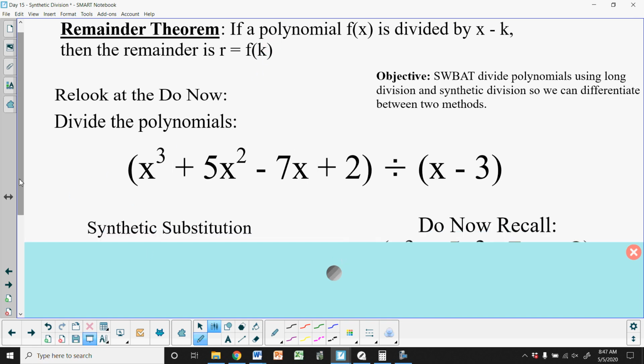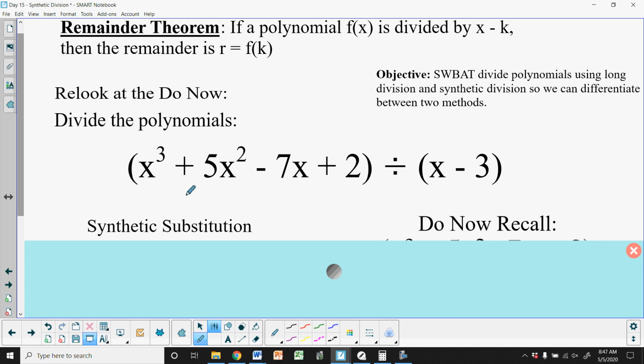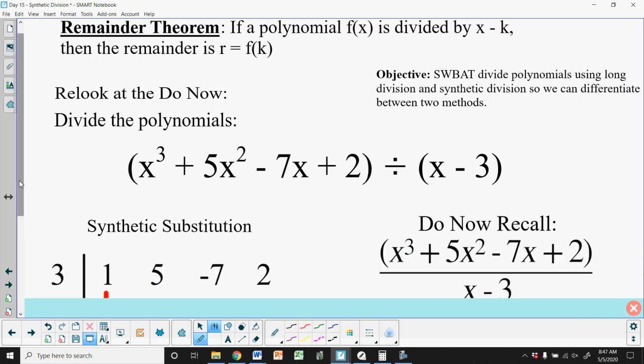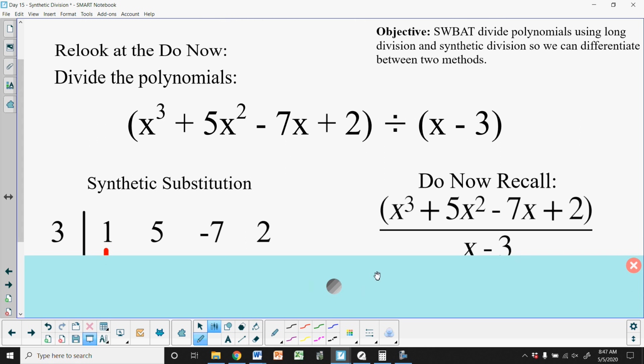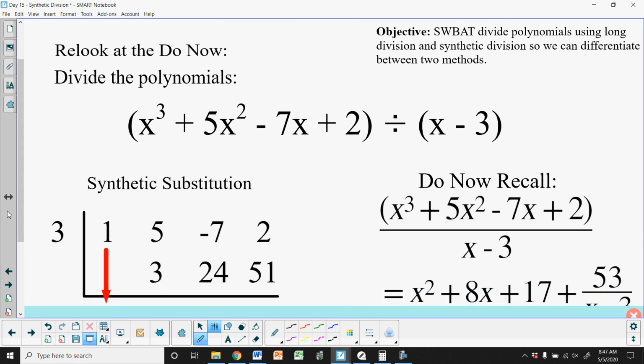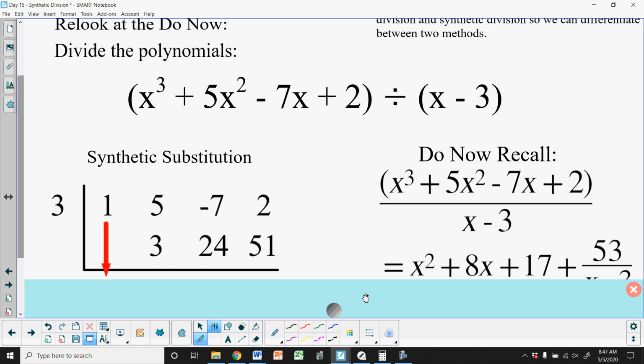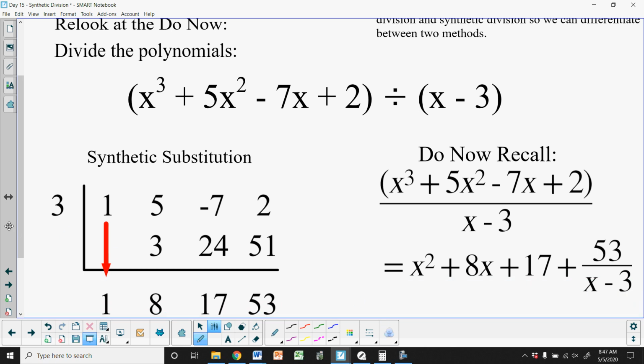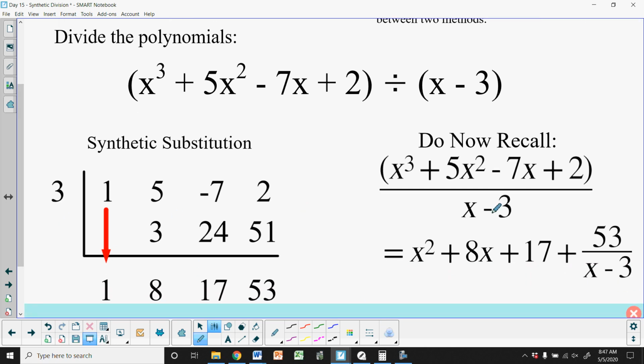So if we do synthetic substitution, and notice that this is what we just did, and this is the do now. When we go down here, we notice that our do now was exactly the same.